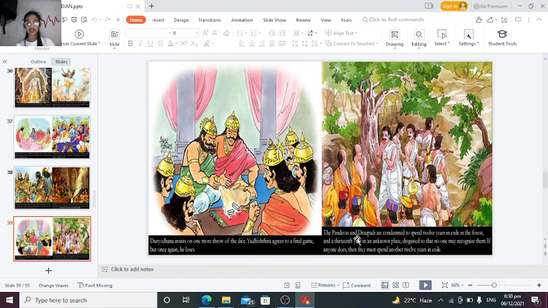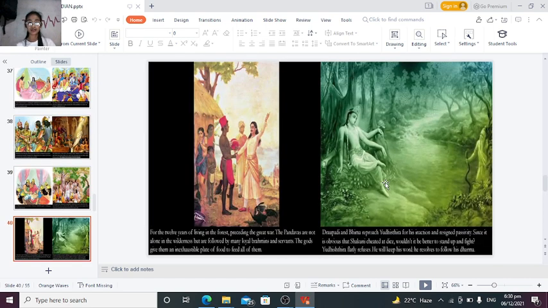The Pandavas and Draupadi are condemned to spend 12 years in exile in the forest and 13 years in an unknown place, disguised so that no one may recognize them. If anyone does, they must spend another 12 years in exile. So after his loss, they were sent away from the kingdom. So they stayed in the forest.